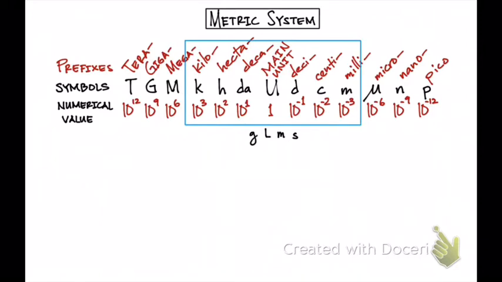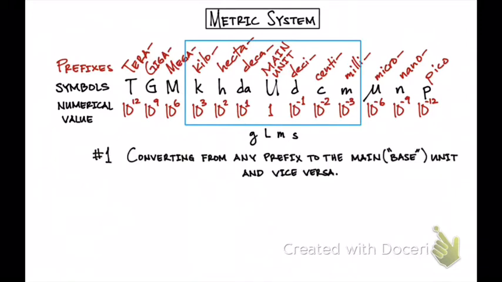All right, so in this slide, I'm going to show you two things. The first one is converting from any prefix, let's say kilo, hecta, deca, centi, milli, micro, and so on and so forth, to the main base unit, and vice versa. So base unit is in grams, liters, meters, seconds.